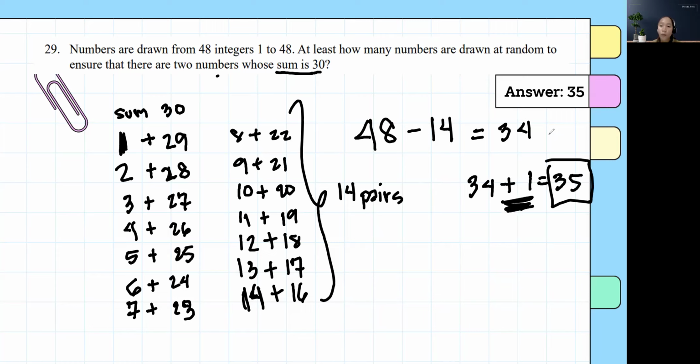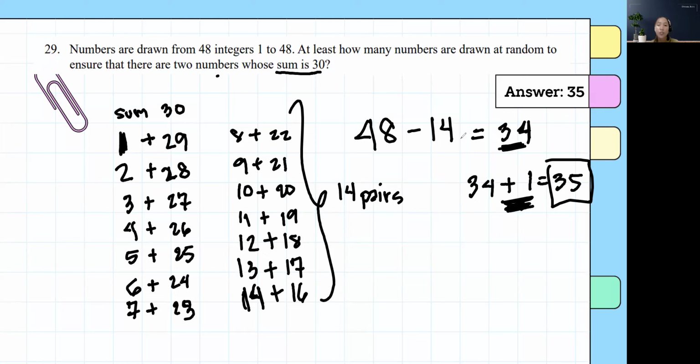Okay? 34 is the non-sum, the not sum of 30. Okay? Those are the numbers right there. But when you get all of those 34, you can already surely get a pair when you draw one more number.